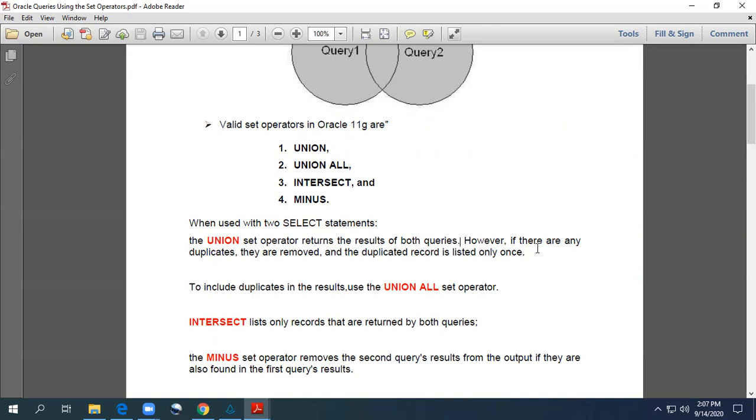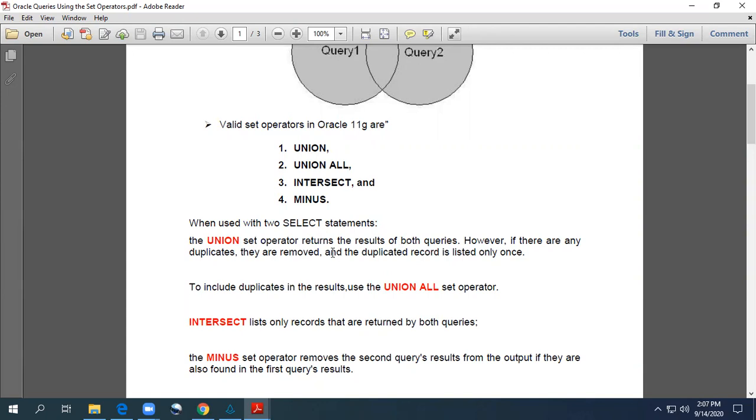If there are any duplicates, they are removed and the duplicate record is listed only once in the result of the query using the UNION set operator. If you write two select queries and join them with the help of the UNION operator, it will return the result of both the queries.